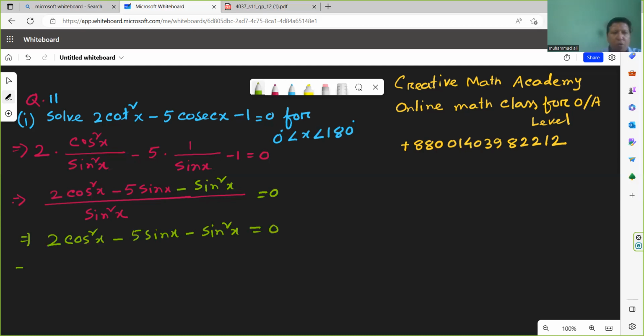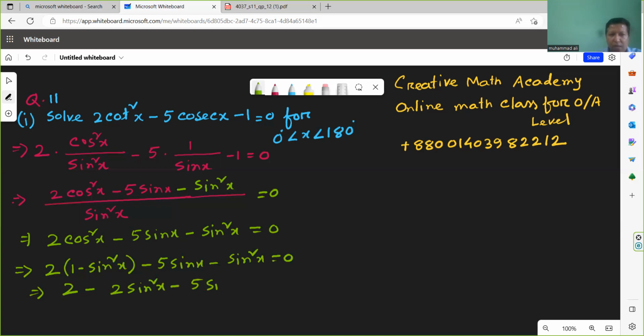Now, we use a rule. We know that cos square x means 1 minus sine square x. So 2 times (1 minus sine square x) minus 5 sine x minus sine square x equals 0. Now, if we remove the bracket, 2 minus 2 sine square x minus 5 sine x minus sine square x equals 0.